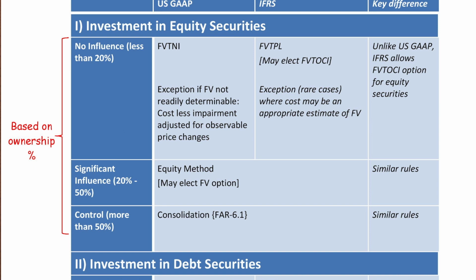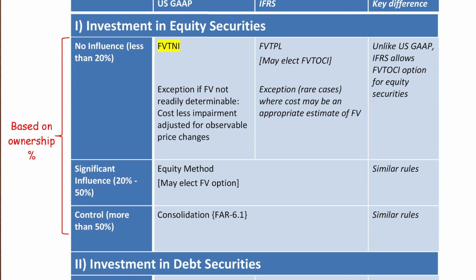Now, if the investor has no influence on the investee, generally this is ownership percentage less than 20%, then the investor accounts for these investments using FVTNI. So that is fair value through net income.